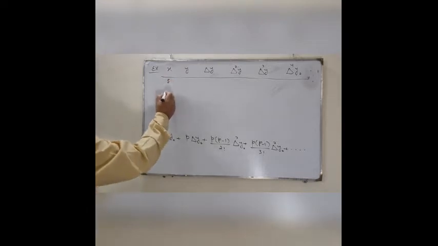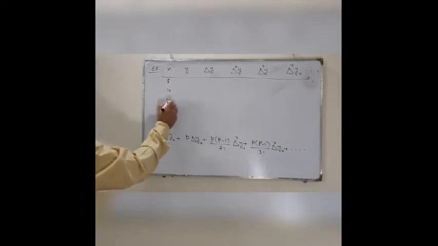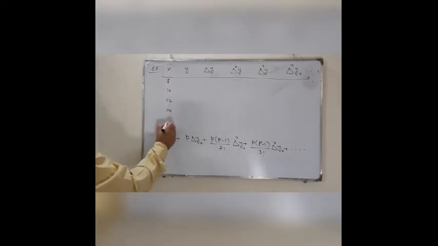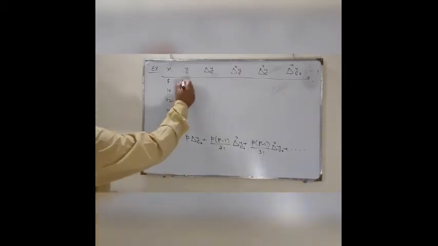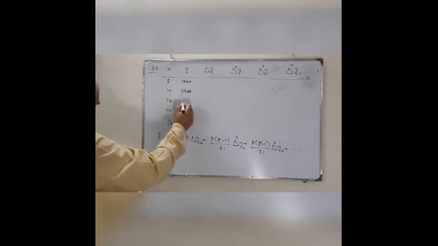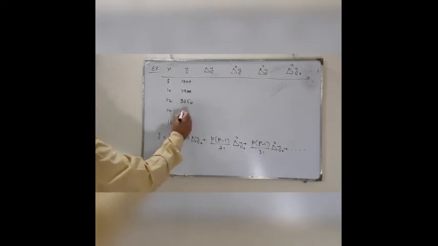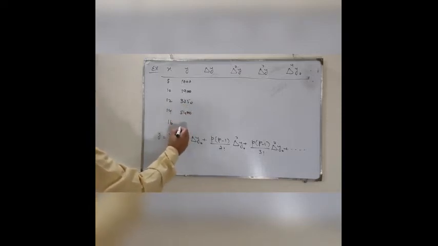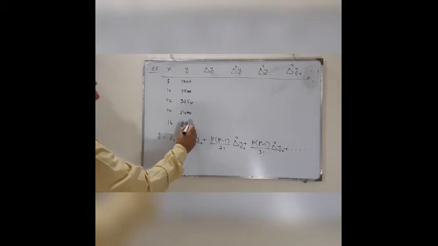Now under these columns we have the values. We have x as 8, 10, 12, 14 and 16, and the corresponding values of y are 1000, 1900, 3250, 5400 and 8950.